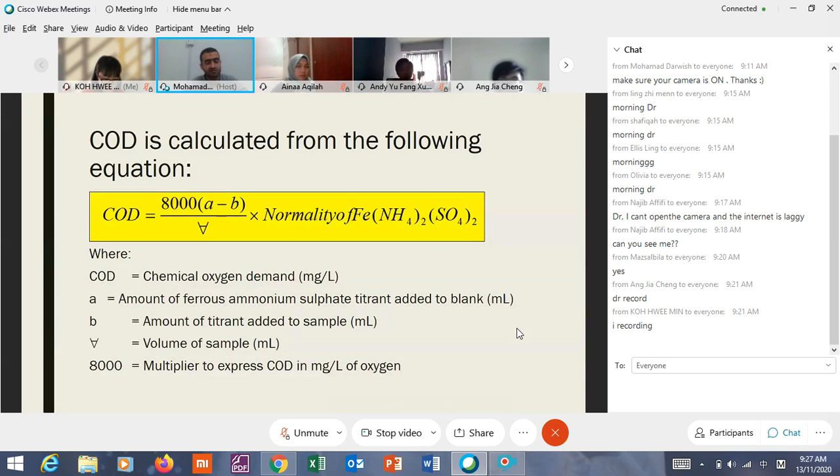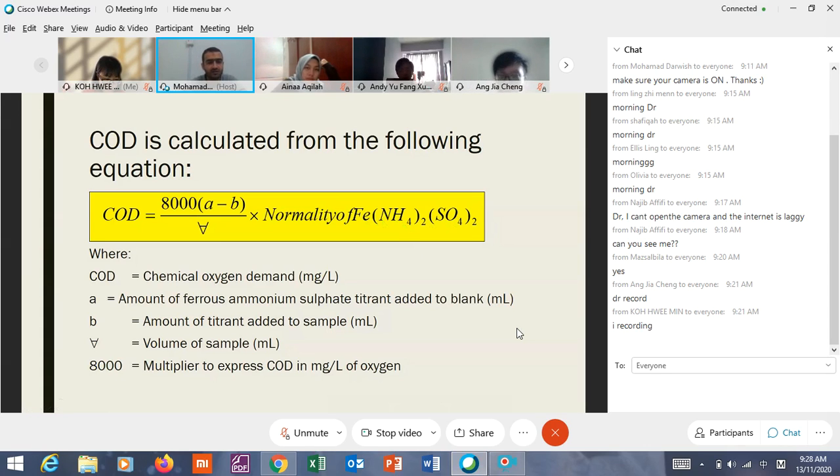Either you can measure it in the lab or you can use this formula if you know the concentrations, the normality of the compound used in the testing procedure.